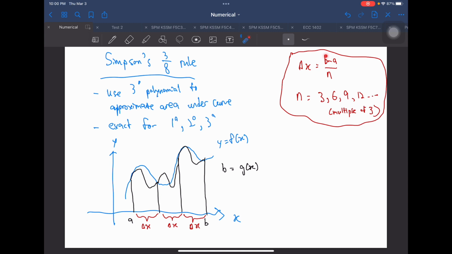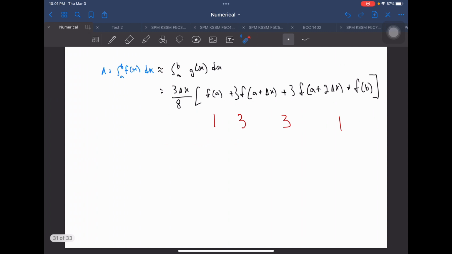So it is (b minus a) over n, and this n can be 3, 6, 9 and 12. It can only be a multiple of 3, okay? But today, since we are not going to do the composite Simpson's 3-8 rule, just need to remember that n is 3, okay? So let's move on.